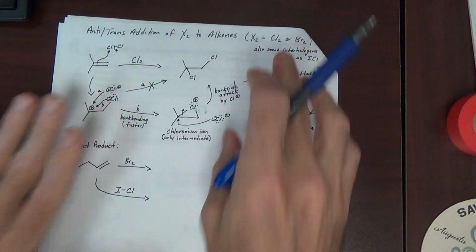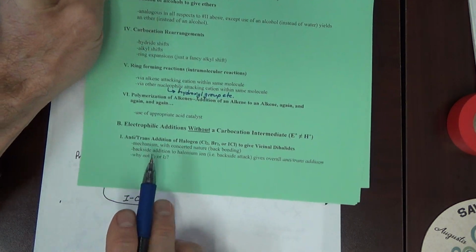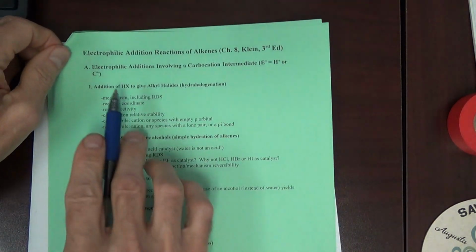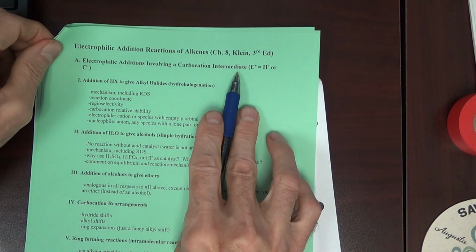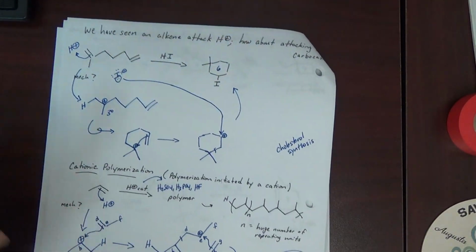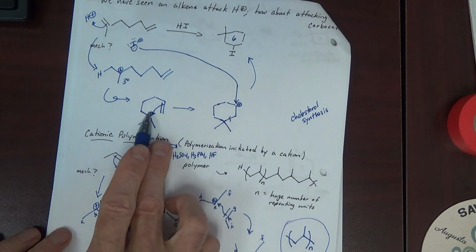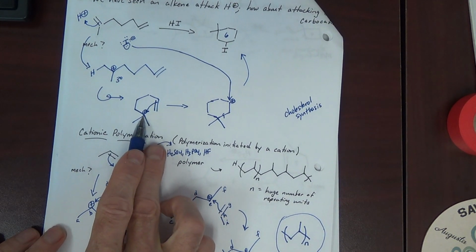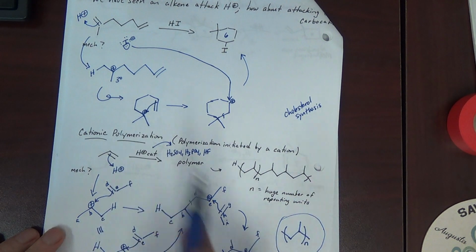In the next video, we'll be moving down to B. Now, A were all reactions involving a carbocation intermediate, and the electrophile was either H plus or C plus, right? H plus up to here, and then we saw where we can have a C plus as the electrophile that the alkene attacks.